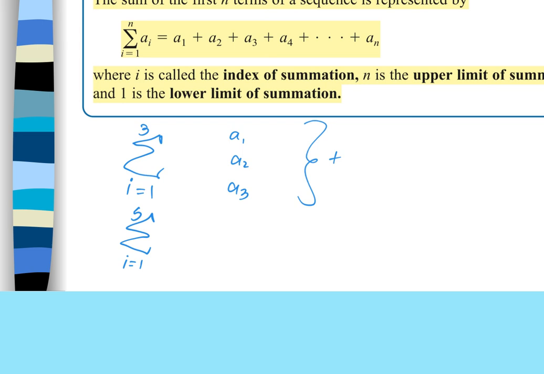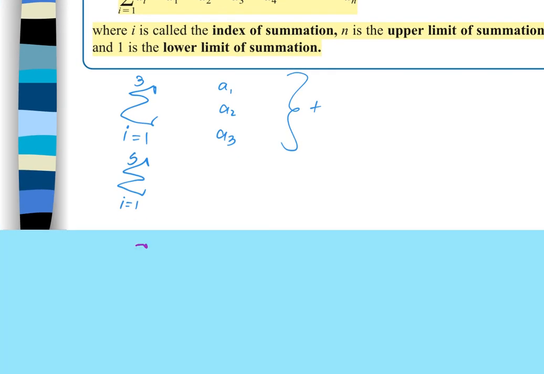If the bottom number changes and it doesn't start with 1 anymore, then I start with that number and I still stop at the 5th term. So I would find A2, A3, A4, and A5, and then I would add them all together.